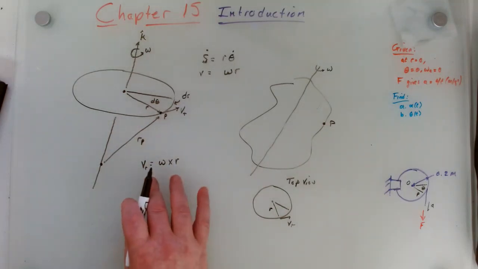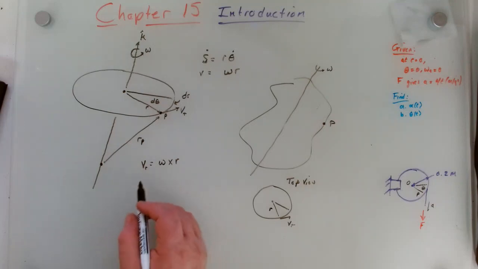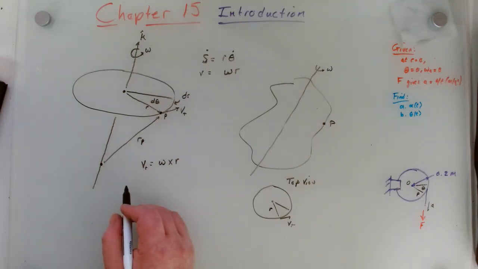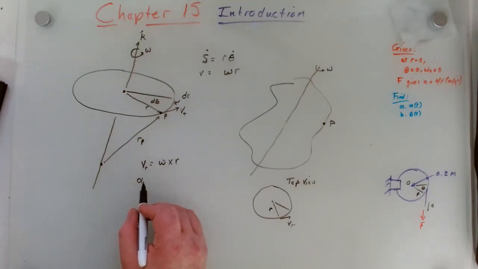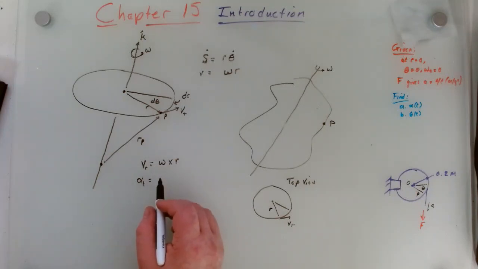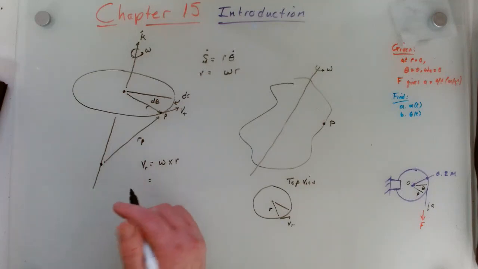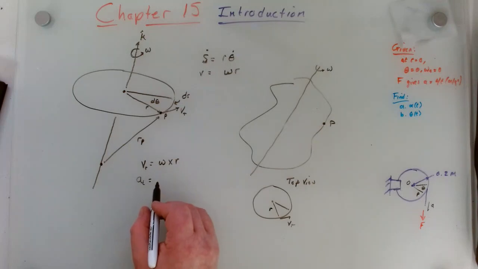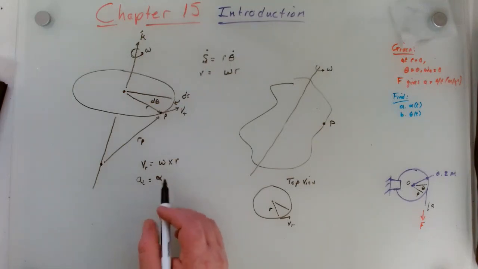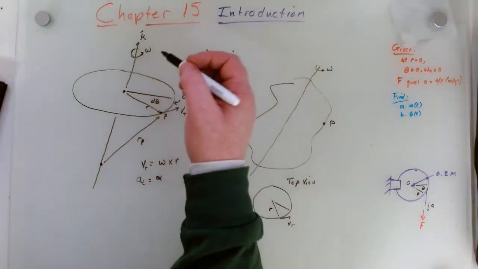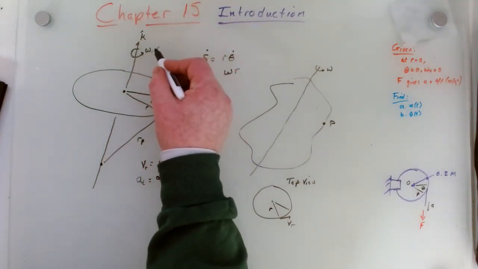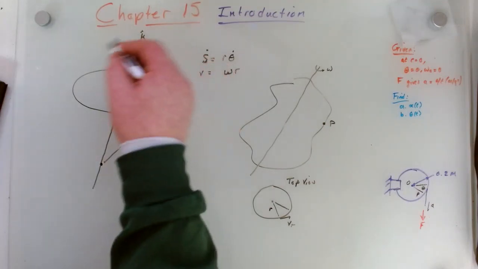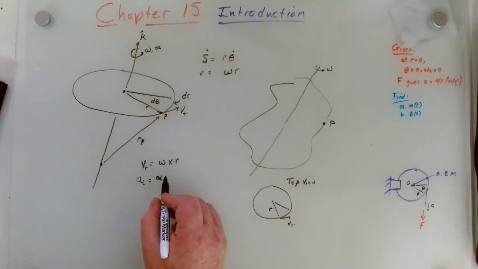If this is our velocity in the tangential direction, then our acceleration in the tangential direction is, I'm sorry, that doesn't even make sense. This is AT, our acceleration in the tangential direction. We know that from here. And what is that? That is alpha, so whatever this acceleration is here, and notice that omega, there they go, same direction, and that would be r.